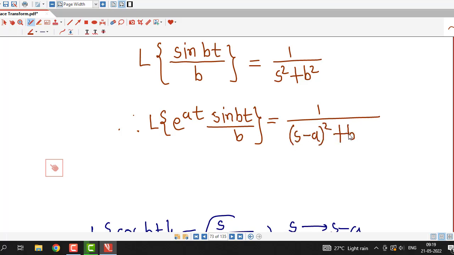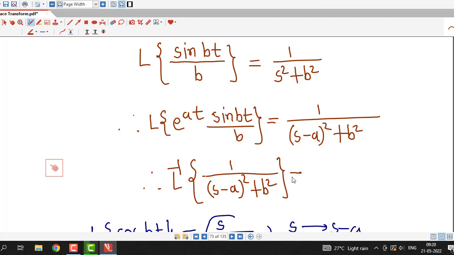So inverse Laplace transform of 1 divided by square of s minus a plus square of another constant is equal to e raised to at times sine bt divided by b. So if it is possible to write down our function in this form, then we can use this formula.